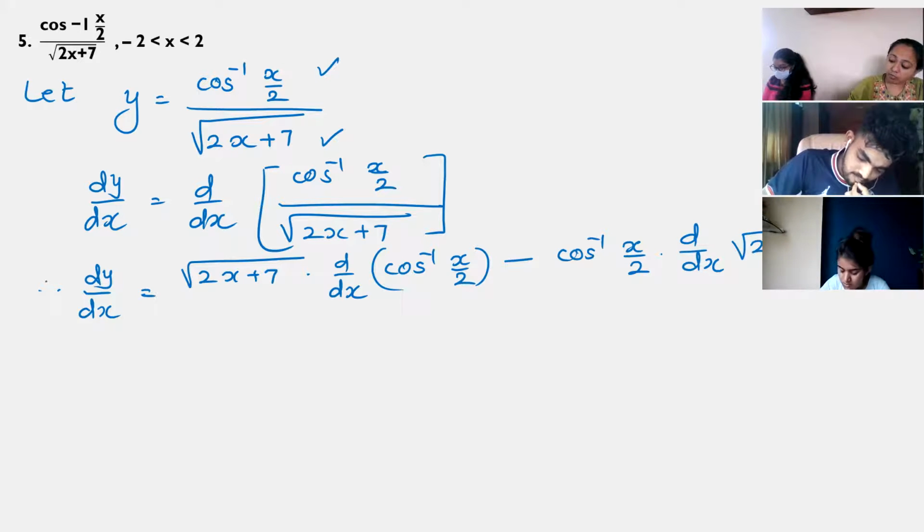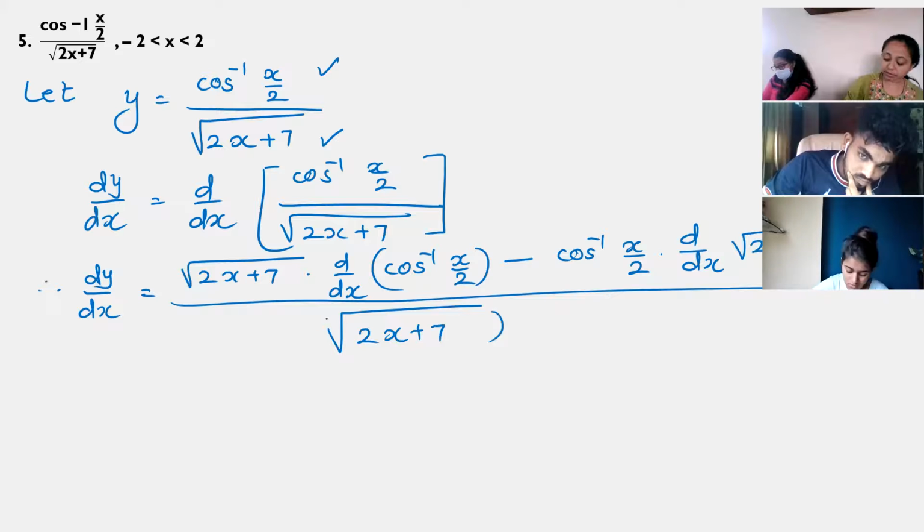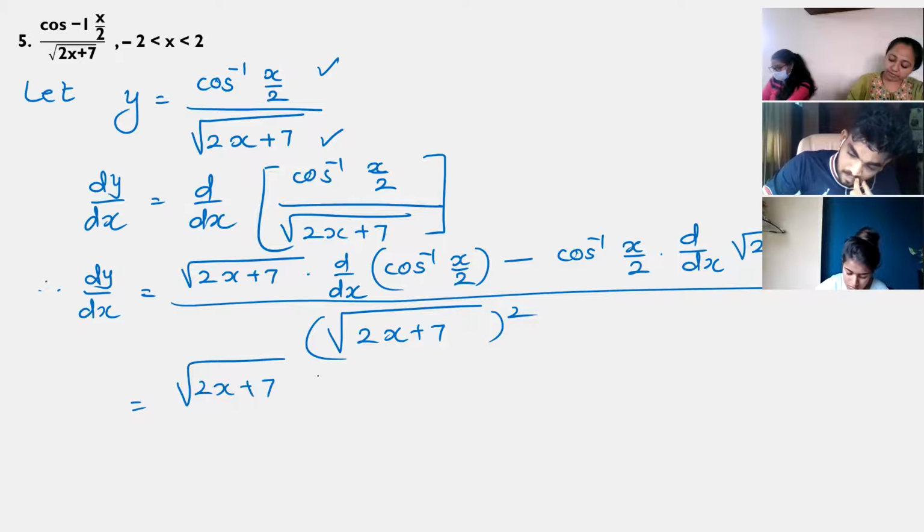While writing the denominator, don't mention 1 by 2 root 2x plus 7, because sometimes we get confused. Upon 2x plus 7 comes. Here 2x plus 7 as it is. Differentiation of this is very simple.